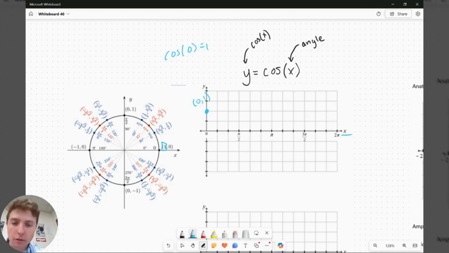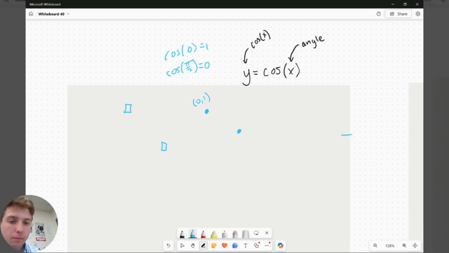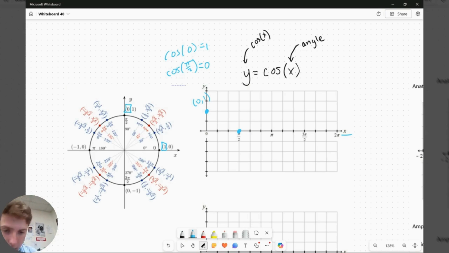As we start to form this, we can go over to different coordinates and start to create our function. For example, if you went all the way over to pi halves, what would cosine of pi halves give us? Cosine of pi halves gives us a value of 0. And as you continue, you could go to the other coordinates.